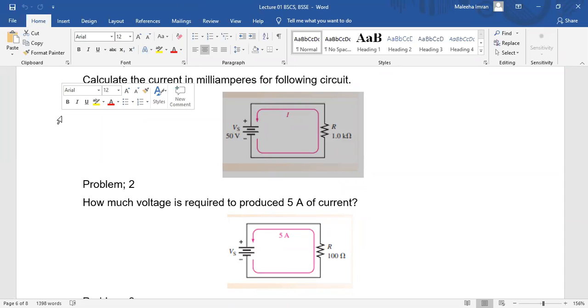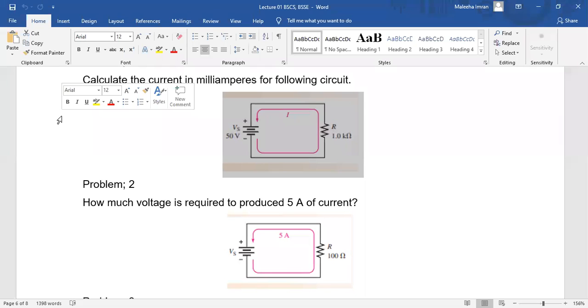In this circuit and the above circuit, what is the direction of current? Anti-clockwise. It means the current is going from the negative terminal to the positive terminal. So which type of current is it? Electronic current.